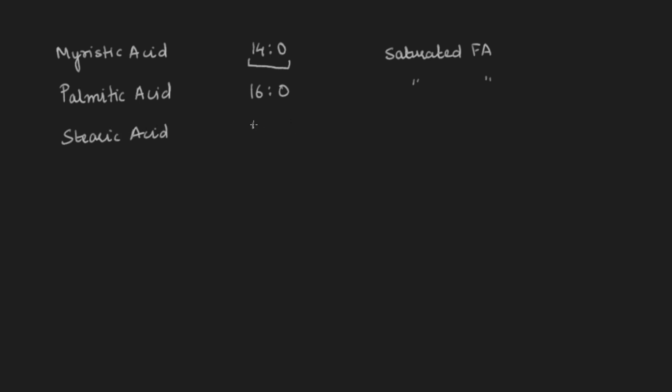It has 18 carbons and no unsaturation. So if you note, mostly there are even numbers of carbons present in fatty acids. So in nature, usually an even number of carbons are present in fatty acids. These are a few examples of saturated fatty acids.